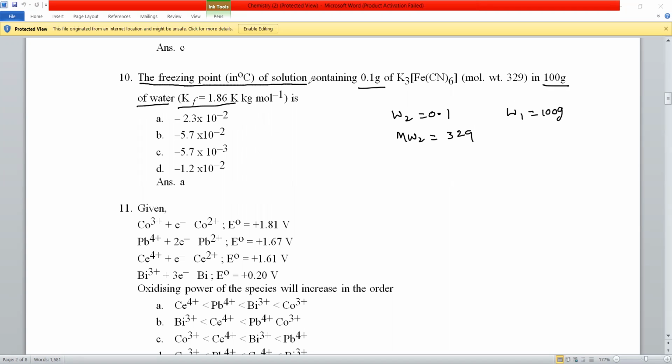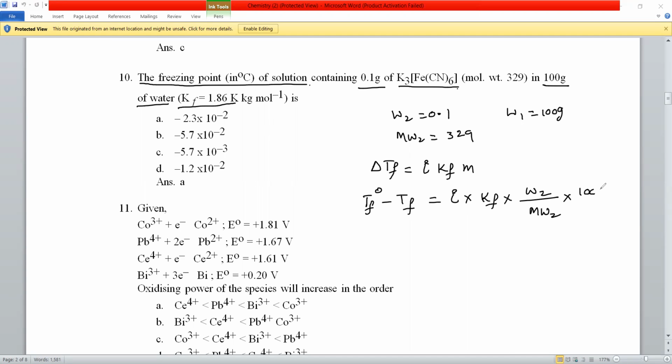They are asking for the freezing point of the solution, so we have to apply the van't Hoff factor i also. Delta Tf equals i Kf m, so T naught f minus Tf equals i into Kf into W2 by M2 into 1000 by W1 in grams.